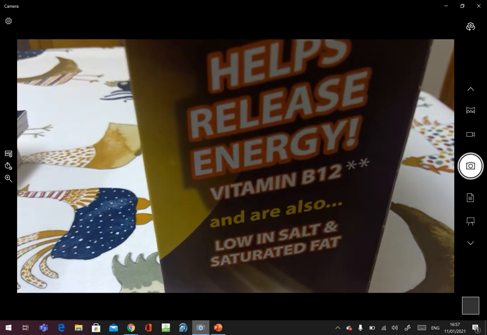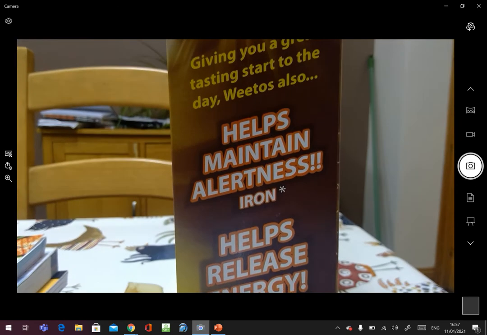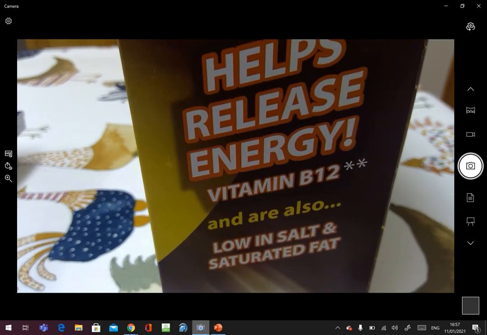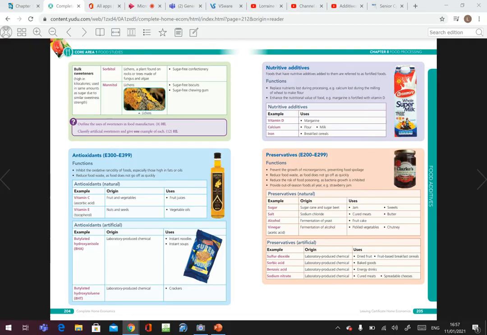It helps you maintain alertness and helps release energy, B12, etc. So these are added in. These are nutritive additives added in, and as you can see in the book as well, Avonmore Super Milk. These are functional foods.